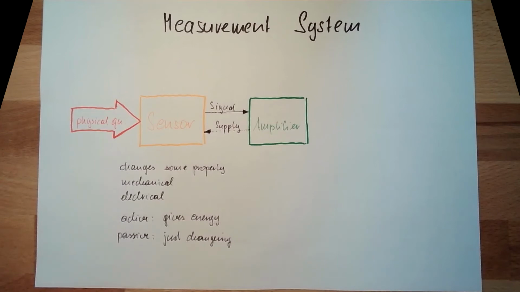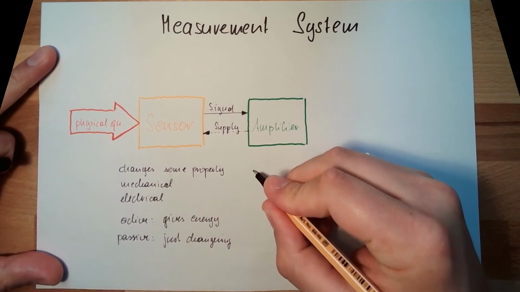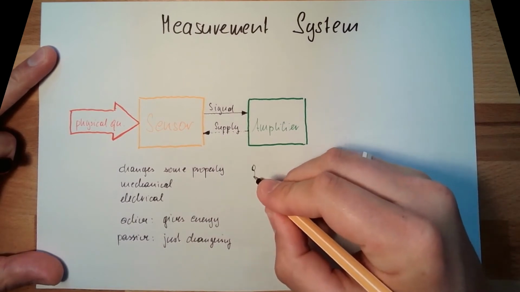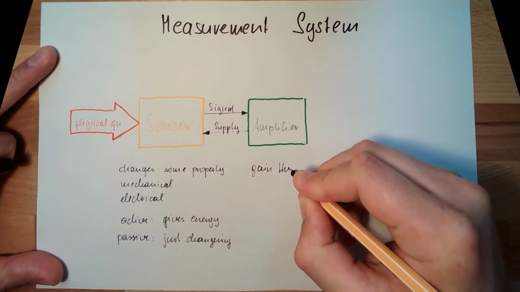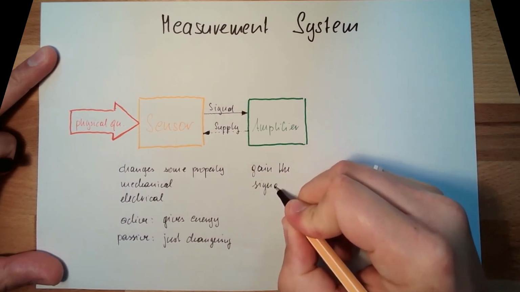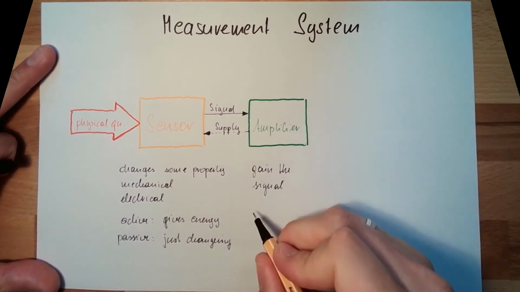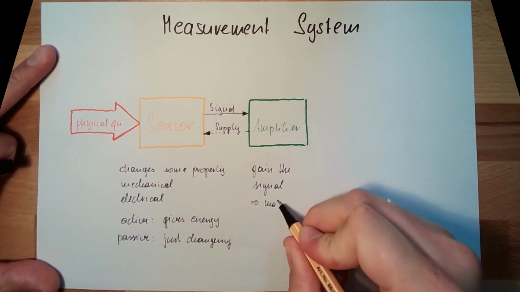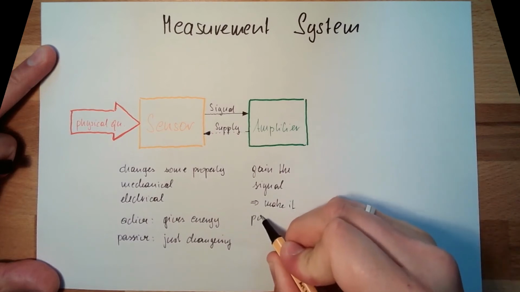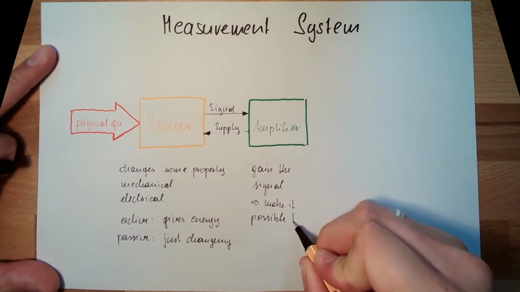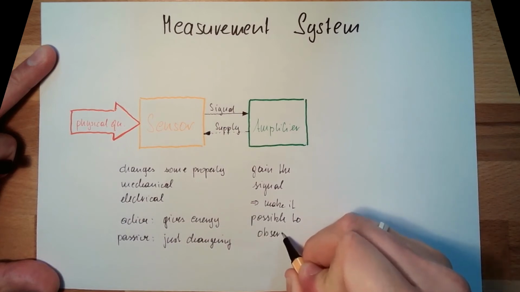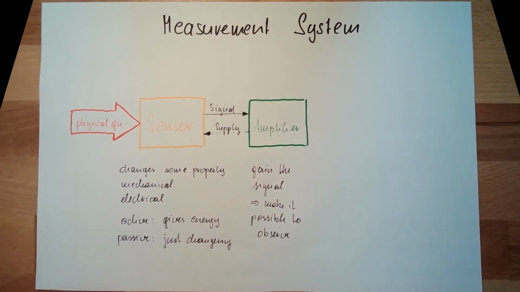The amplifier simply gains the signal, makes the signal stronger, to make it possible to observe. That's the thing of an amplifier.